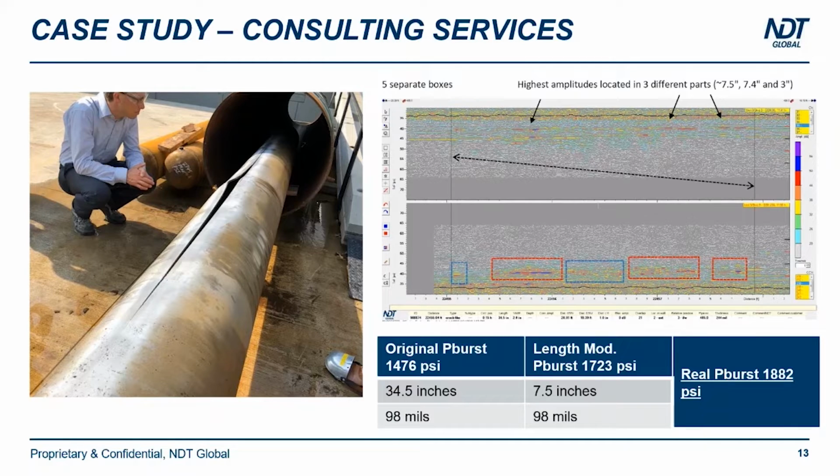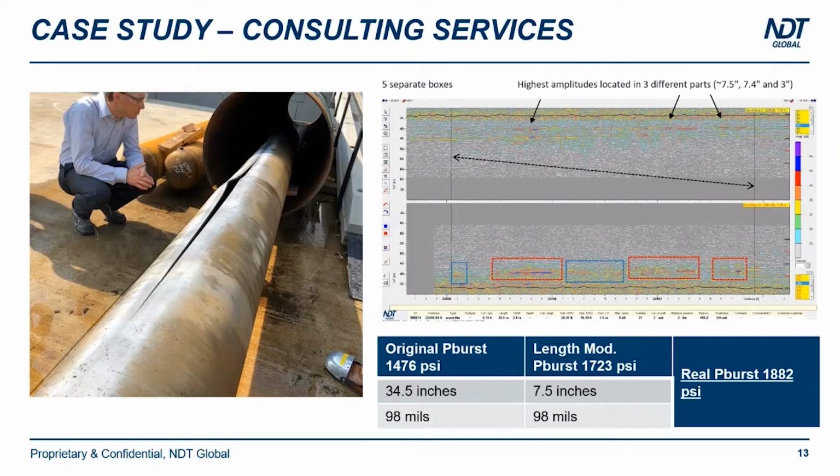Well, with this, we recognize that instead of having one anomaly, we have 5. And from those 5, 3 are the deepest points of the crack. So if we size those cracks individually, we get that the deepest one is 7.5 inches long by 98 mils deep. So calculating 34.5 inches by 98 mils will give us a burst pressure of 1,476 PSI.